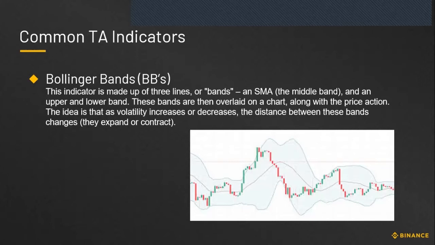You must understand another thing about Bollinger Bands: there are 3 lines that compose Bollinger Bands. Like I said, a simple moving average as the middle band, and the upper and the lower band. And you must understand that the upper and lower bands are typically 2 standard deviations, plus and negative, from a 20-day simple moving average.